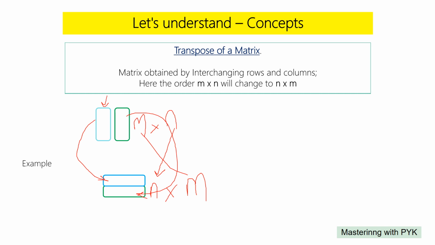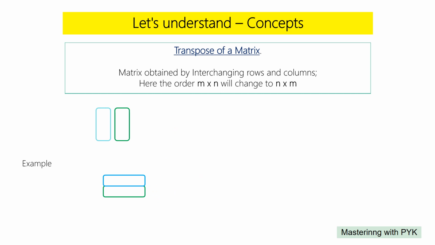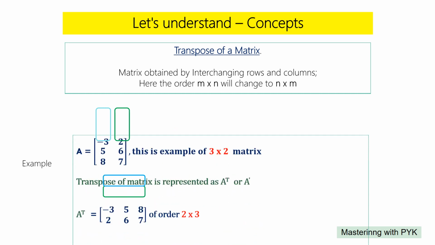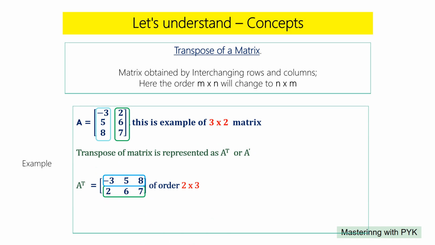So let's understand this with an example. We have a matrix A represented with elements which is 3 cross 2, and we need to transpose it. Transpose of a matrix is represented as A to the power T or A hyphen or A dash. So here when we transpose, the column would become row, right?